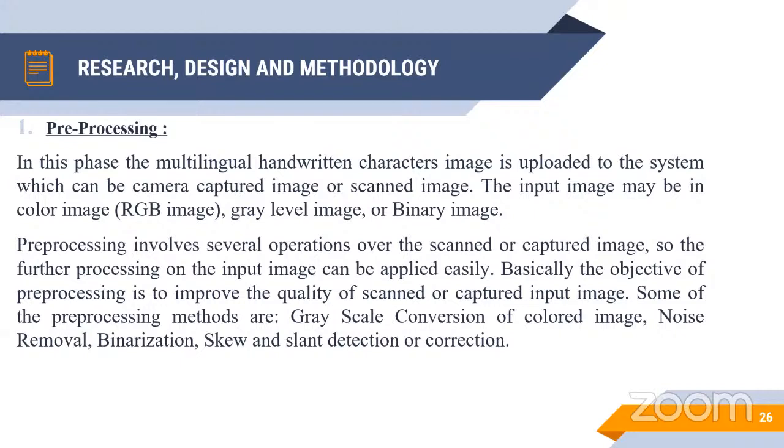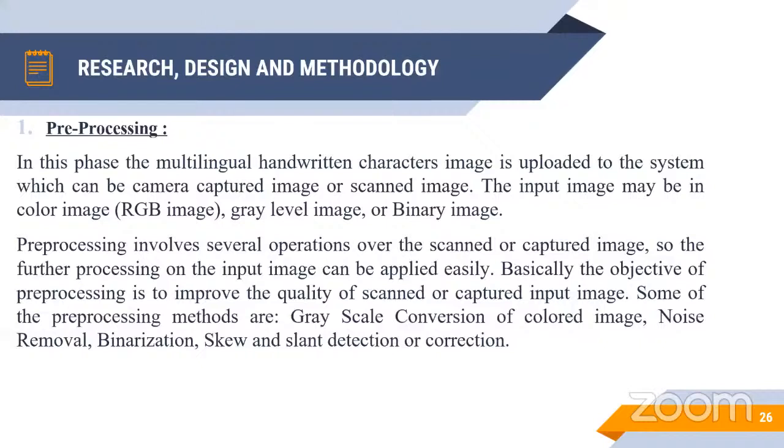I want to convert that colorful image into a binary image. The pre-processing involves several operations over the scanned or captured image, so that further processing on the input image can be applied very easily. Basically, the objective of pre-processing is to improve the quality of the scanned or captured input image.